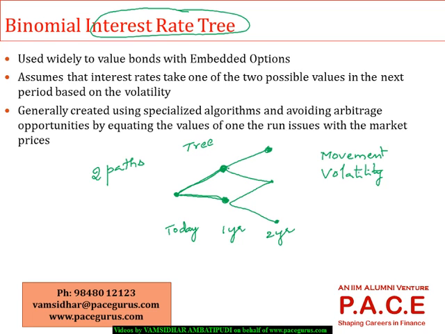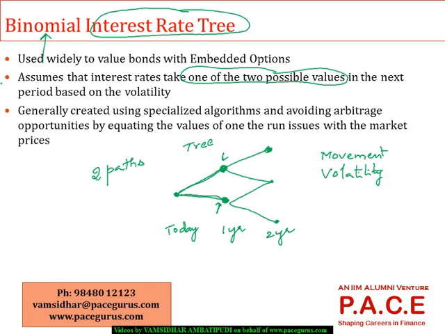So the 1 year rate can be either this number or this number. We are creating only two possible values for the next period and saying that the interest rates will reach either this or this. Such a tree is what we call a binomial interest rate tree.